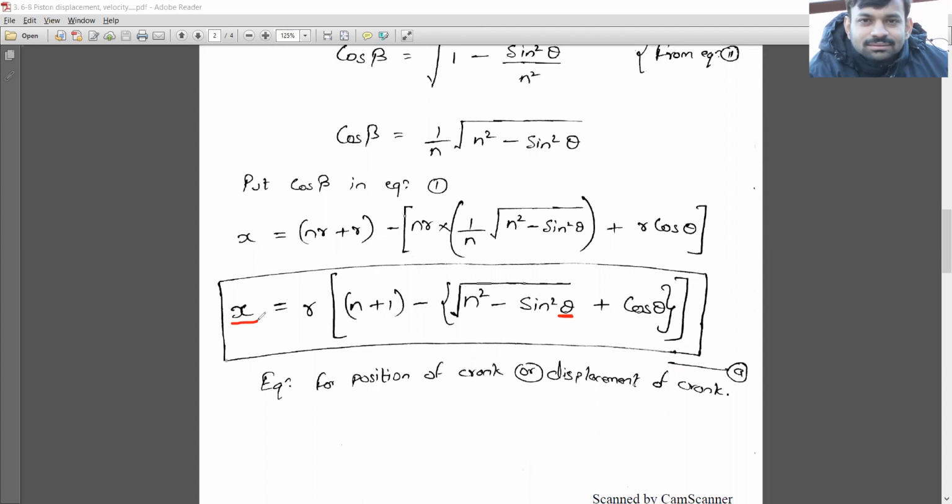We only need to know this value theta. This n is constant, and this R will also be known to us because the crank radius would be given to us.